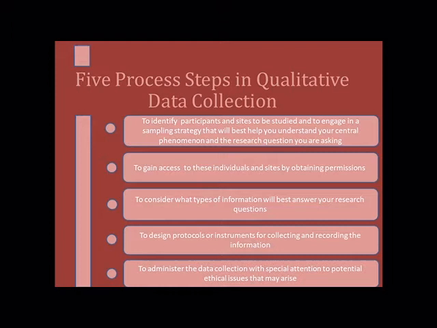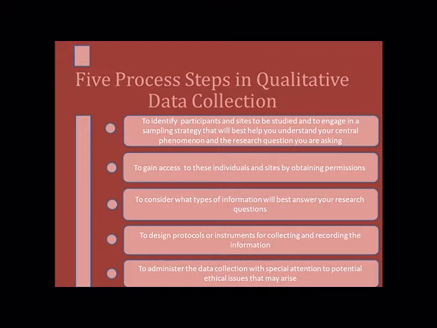The five steps are: first, to identify participants and sites to be studied and to engage in a sampling strategy that will best help you understand your central phenomenon and the research question you are asking. Second, the next piece is to gain access to these individuals and sites by obtaining permissions.